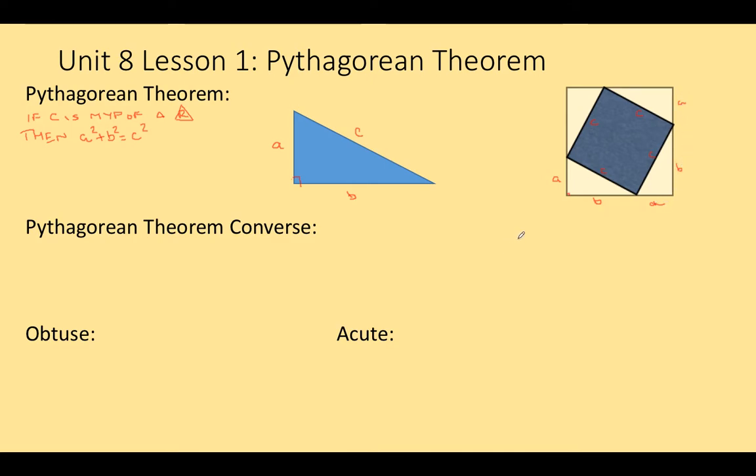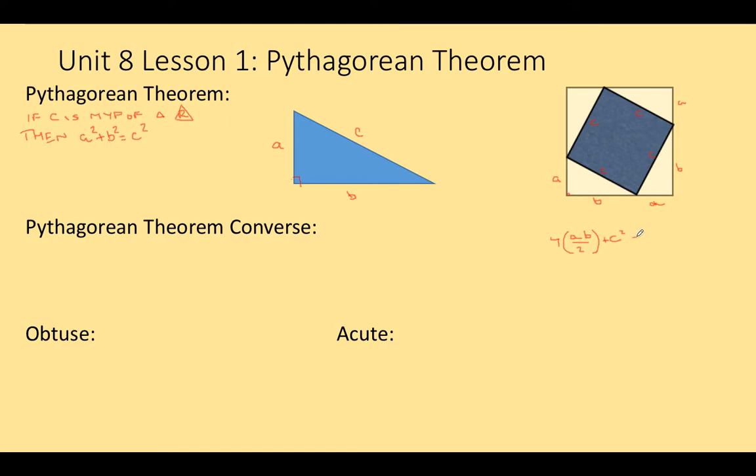And so the area of this square could be thought of as the area of this triangle times 4, since I have 4 of those triangles. So the area of the triangle would be a times b divided by 2. But we have 4 of them, so we'd multiply that by 4, plus the area of the square here in the middle, and that would just be c squared.